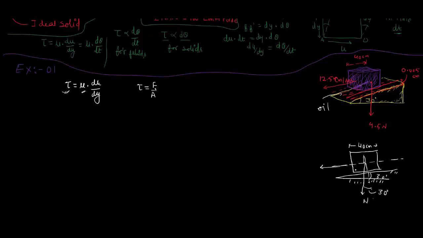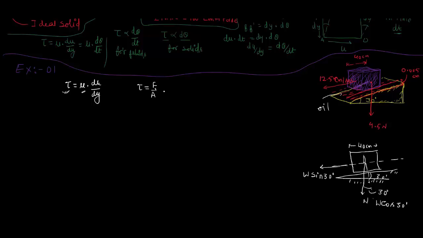If we resolve W along this perpendicular line, this will be W cos theta, that is cos 30 degree, and along this line this will be W sin 30 degree. So the force responsible for the movement of this block is W sin 30.